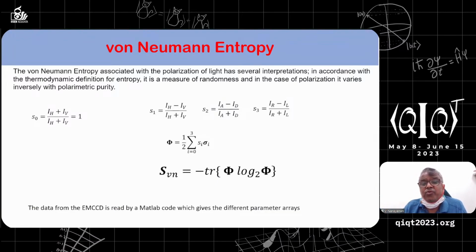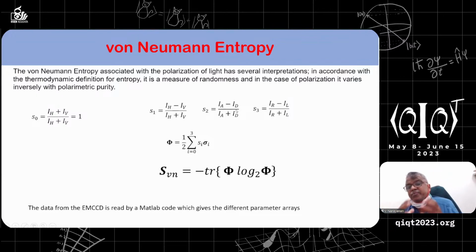Another way to look at the light is basically looking at the von Neumann entropy. So I will not spend time. By looking at the polarization purity in the H and V basis and the diagonal and anti-diagonal basis, one writes the von Neumann entropy as minus trace of rho log base 2 of rho, and one does various projective measurements.